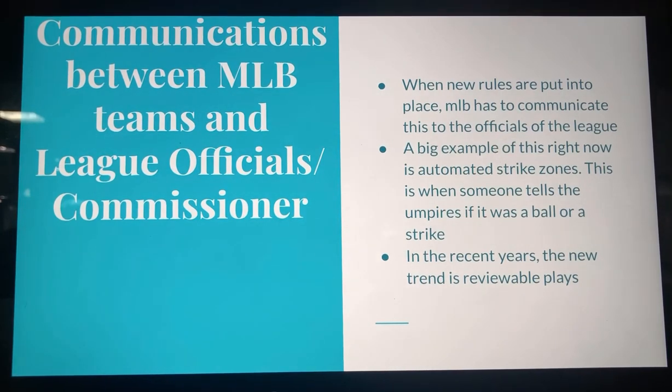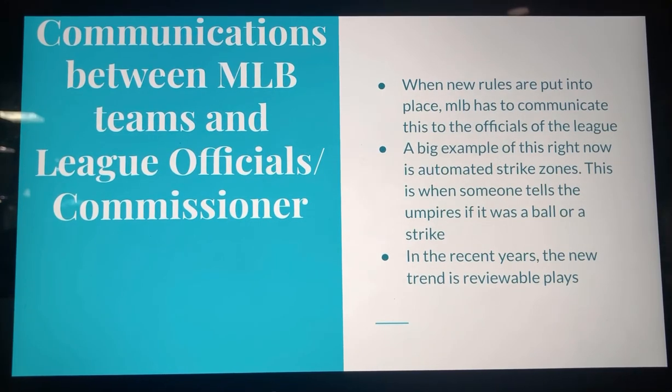They have tried this in a few leagues over the fall, and people have their own opinions about it. This is when someone tells the umpire if it's a ball or a strike. The umpire will have a little earpiece, and someone will tell him whether it was a ball or a strike.